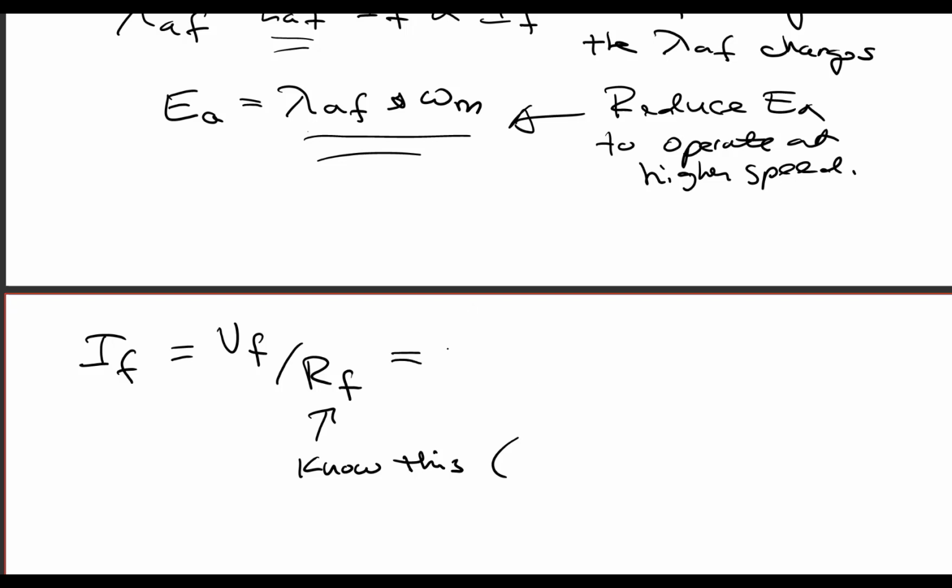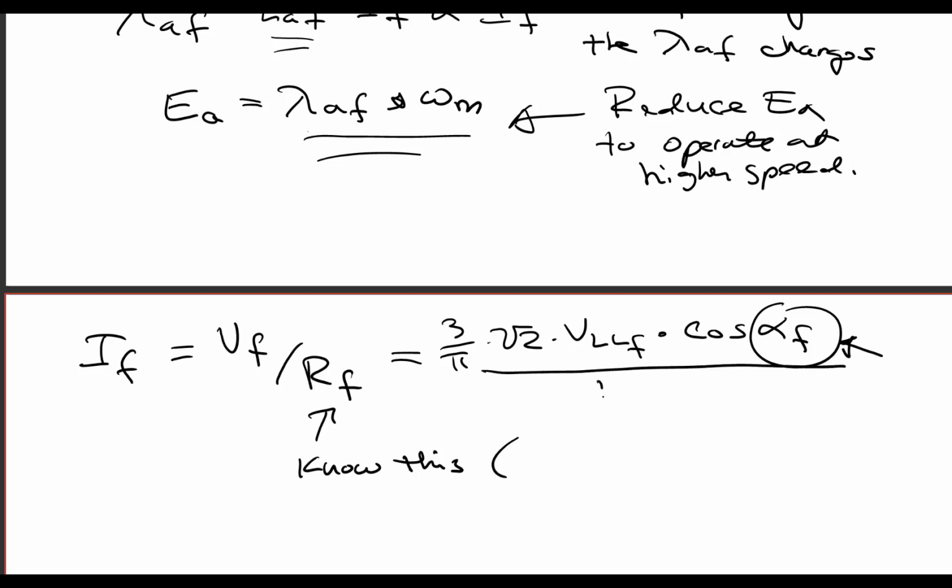Okay, so what you've got is V sub F is going to be 3 over pi times root 2 V line, well, symbolically it's V line to line field times cosine alpha F. And this is what you were supposed to get, right? Is that correct?